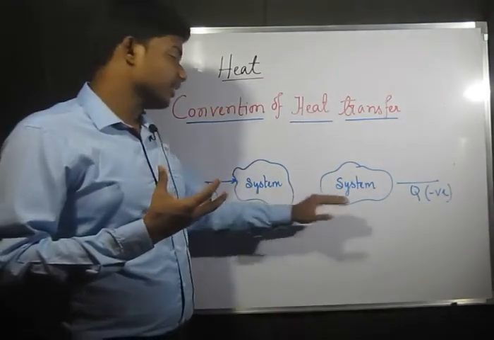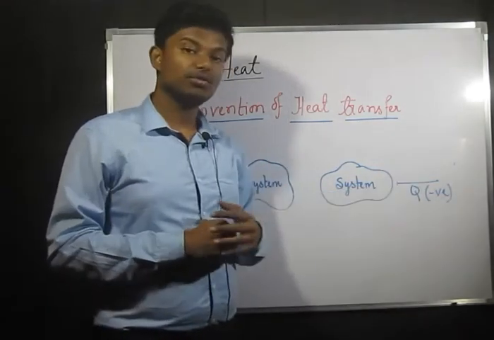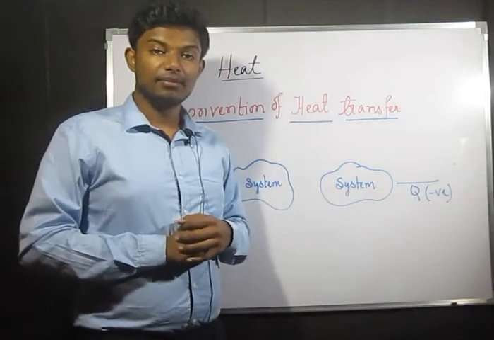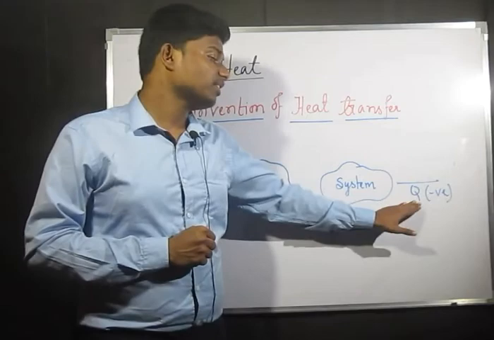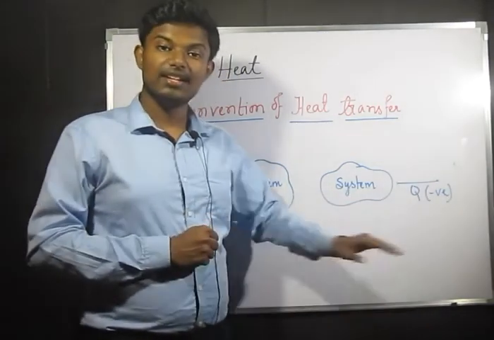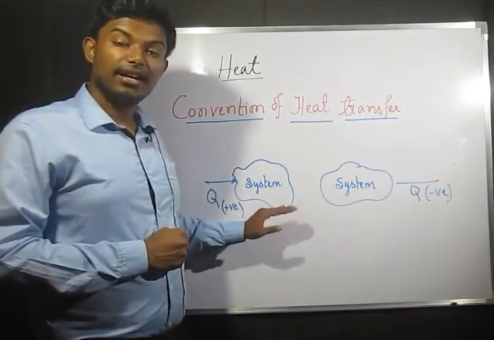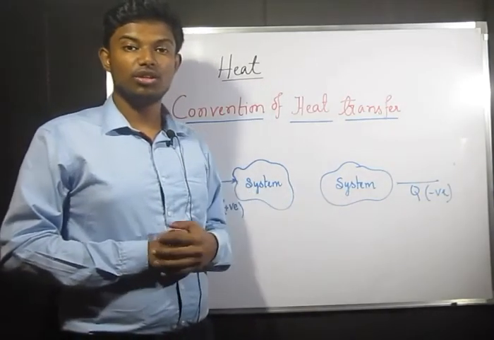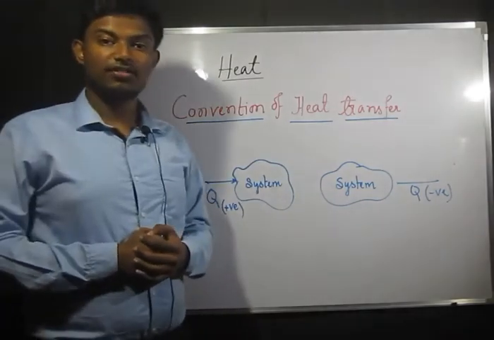Now, contrary to our planning, if somewhere some heat is going out of the system, then that is considered negative, because that is not our wish. Our wish is to give heat and take out work, but in place of work, heat is coming out, so it is always going to be negative. So heat given to a system is always positive and heat coming out of a system is always negative. This is going to be our convention for heat transfer.